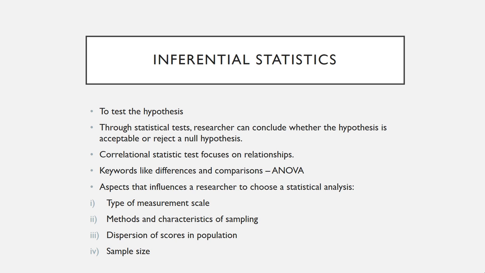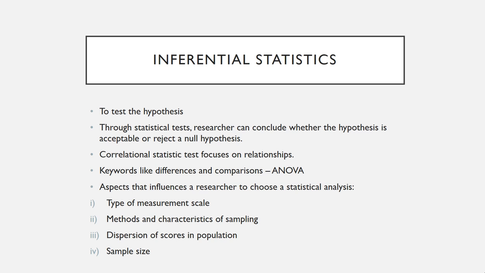So you would test whether the findings are accepted. If not accepted, then you would be rejecting them, based on the reasons given in your research for rejecting or accepting them. Correlational statistics focuses on relationships.